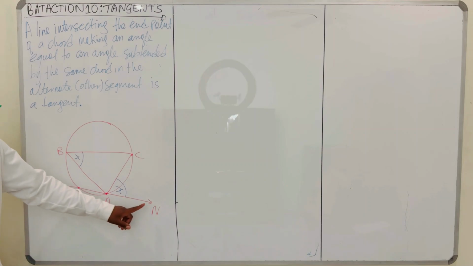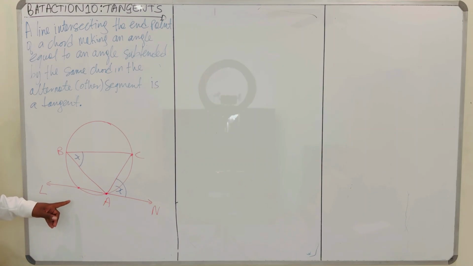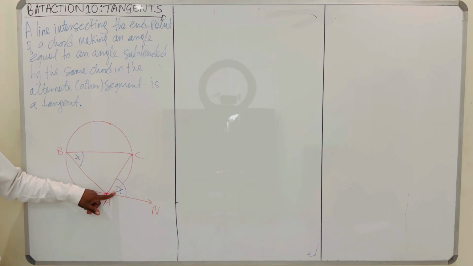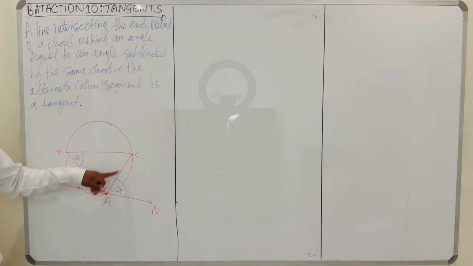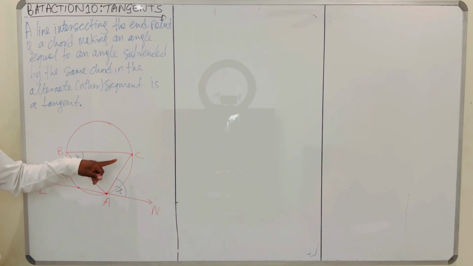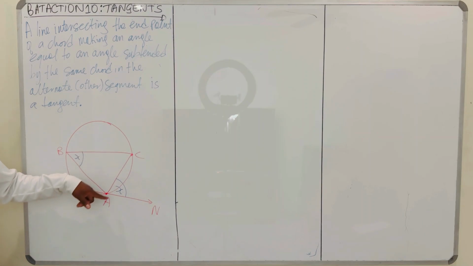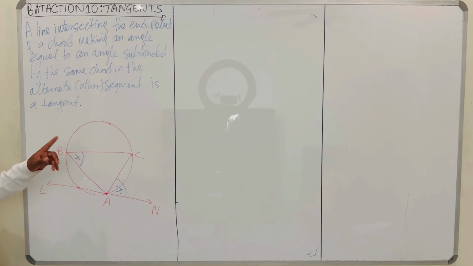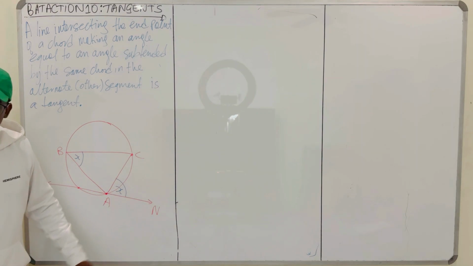Your line Ln is intersecting the circle at the end point of that chord AC. So the angle between the line Ln and the chord AC is equal to the angle in the alternate segment. The claim is that if you have this kind of situation, this line Ln should be a tangent.